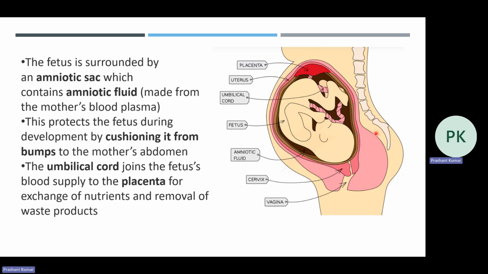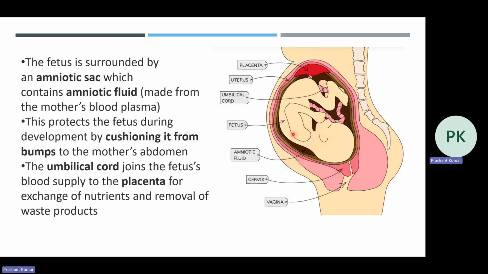So in this diagram, you can see the fetus surrounded by a bag-like structure called the amniotic sac. Inside this amniotic sac, we have a liquid called amniotic fluid, right? And this amniotic fluid is made up of the mother's blood plasma.